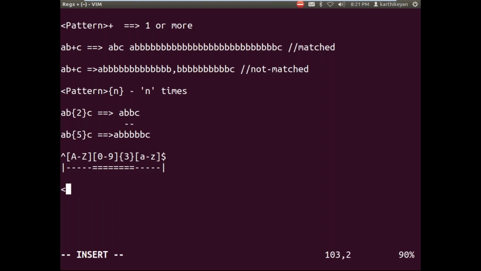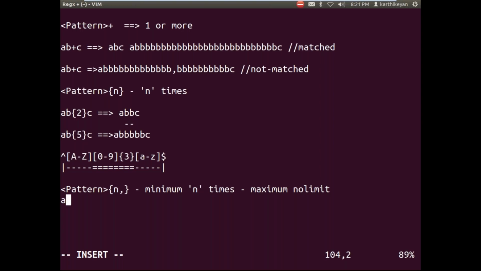I'll write the pattern, followed by n comma, and close it here. Minimum n times, maximum there is no limit.